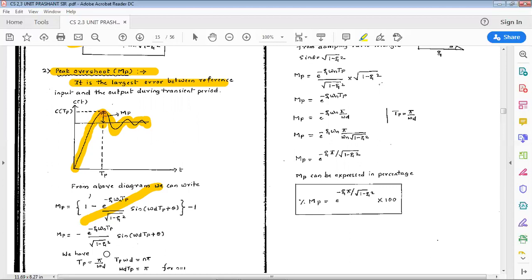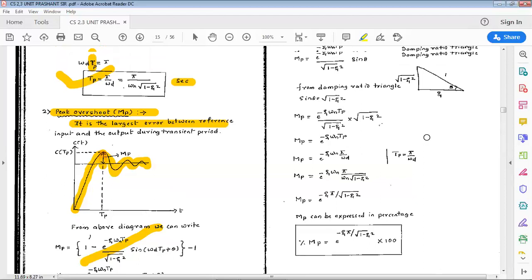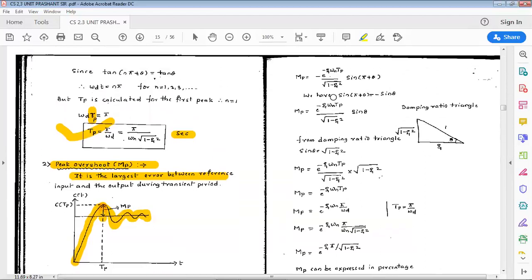We have tp equal to pi by omega d from the previous derivation, so omega d tp is equal to n pi, which is pi for n equal to 1. Further we can simplify this as Mp equal to minus e raised to minus zeta omega n tp divided by under root 1 minus zeta square, times sine of pi plus theta, because n is 1. We know sine of pi plus theta is minus sine theta.